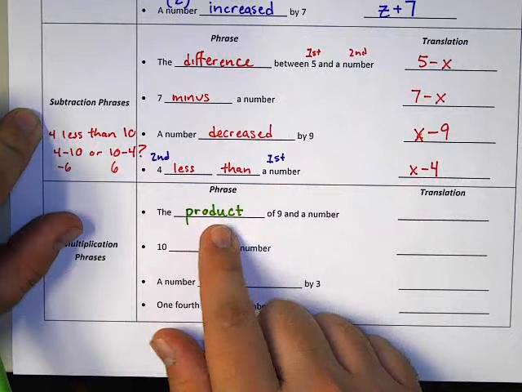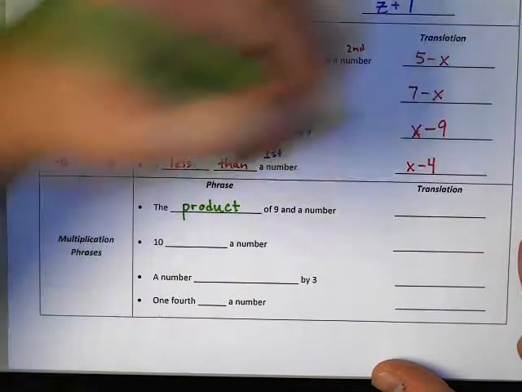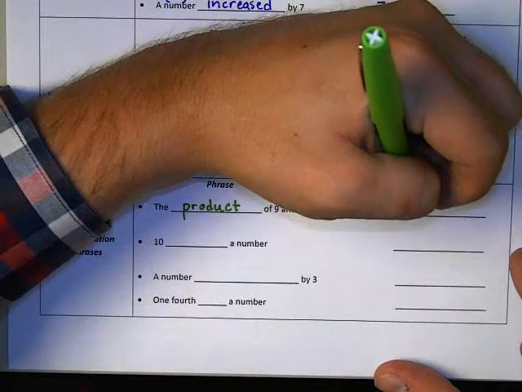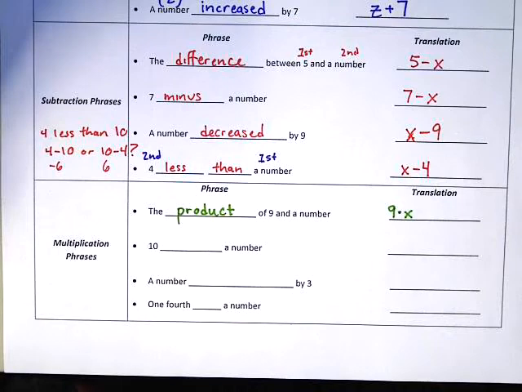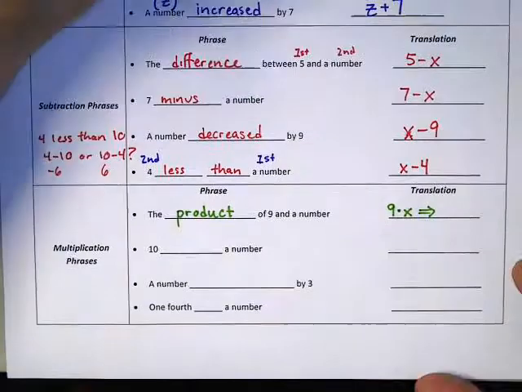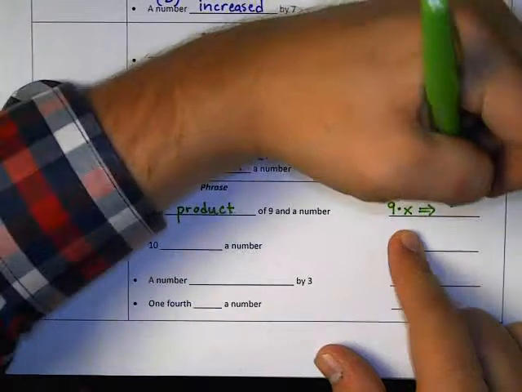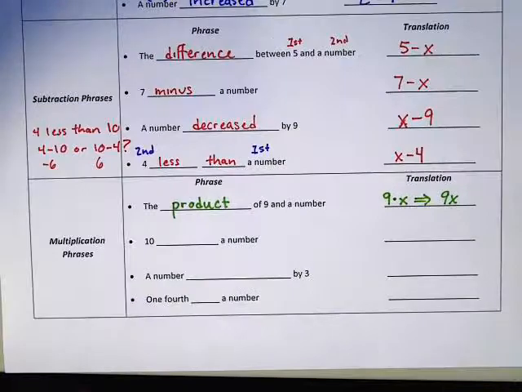If we know we're doing the product of 9 and a number, the important thing is that you know it's multiplication. So if you want to say 9 times x, that's fine. I hope you remember, though, and we've been starting to talk about this, when there's multiplication between a number and a variable, you can always just write it right next to each other.